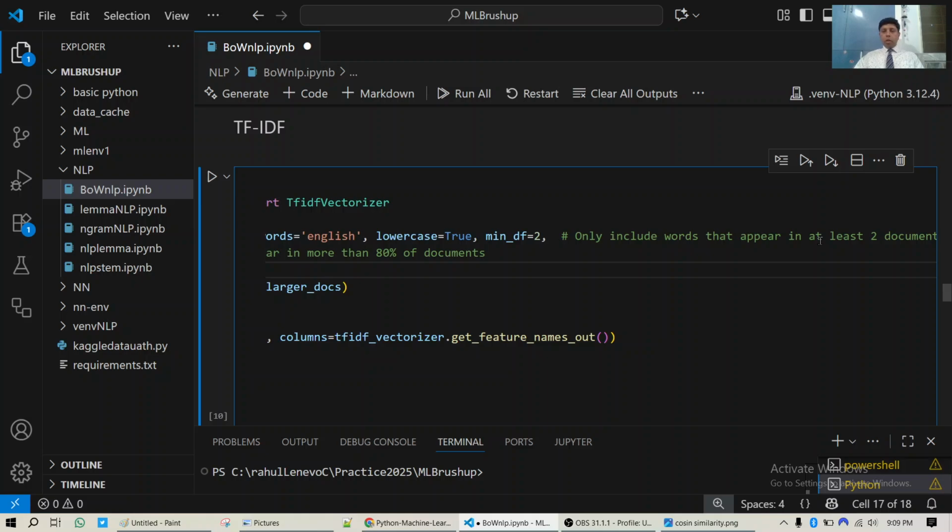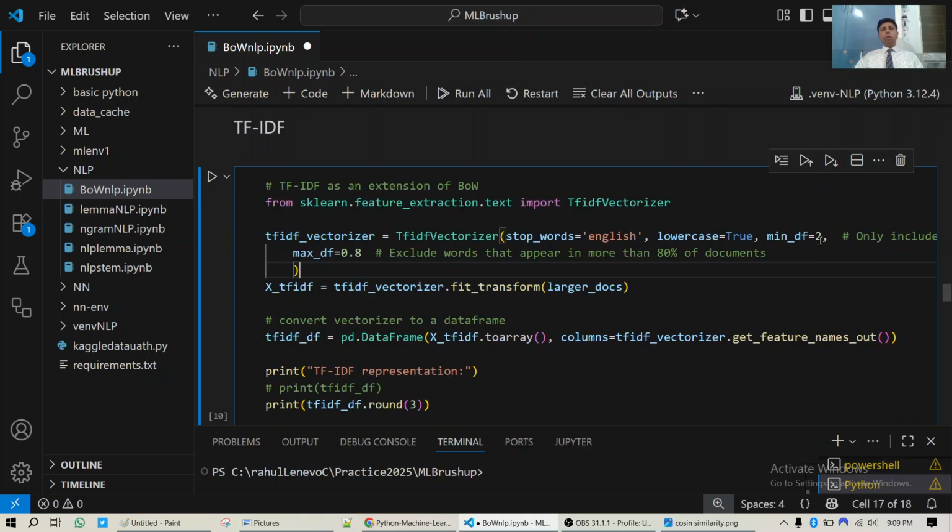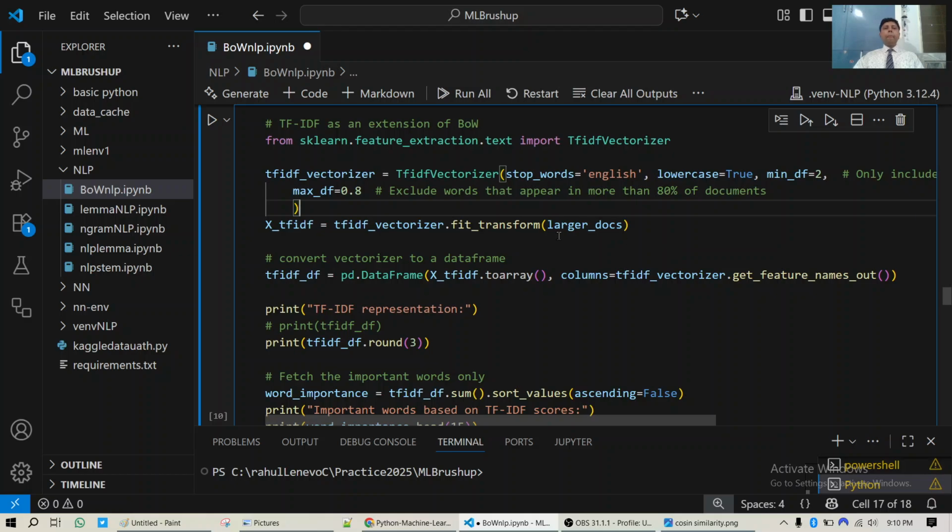Yes, at least in two documents those words should be present, otherwise it doesn't make any sense to find the similarity, right? And exclude words that appear in more than 80% of the documents, in order to go into the more specific context of that.